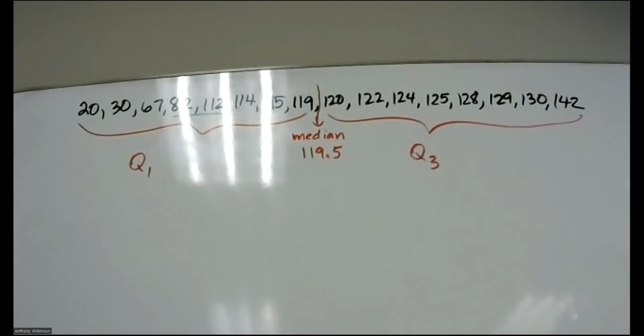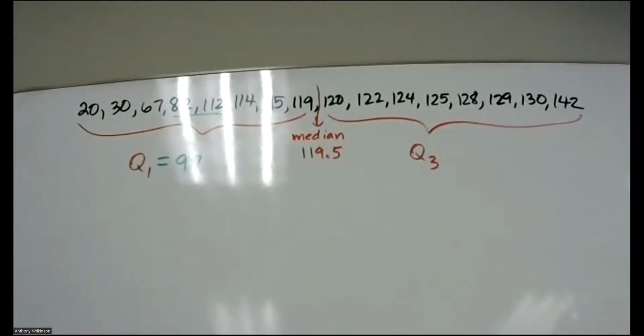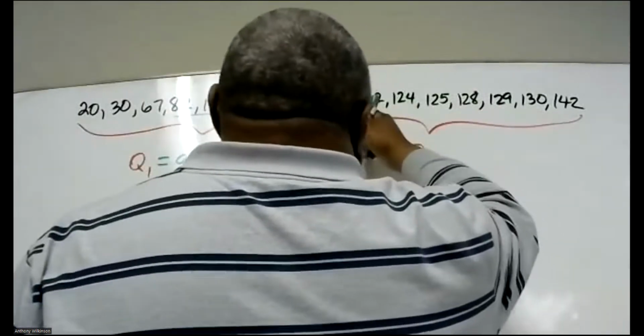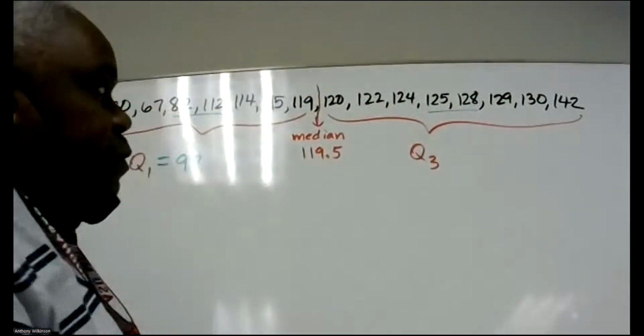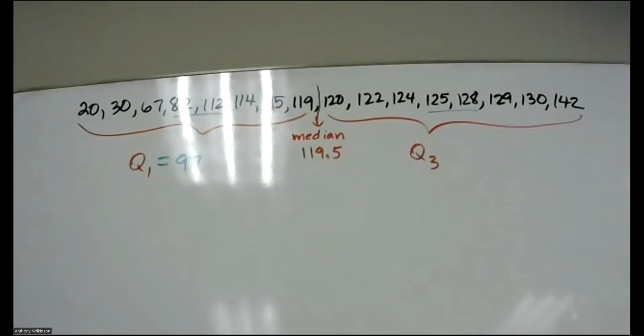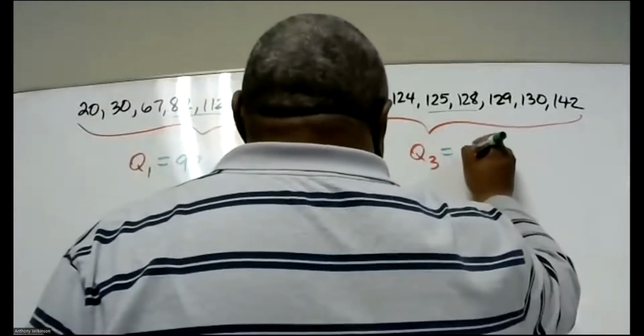So 82 plus 112 divided by 2, this will be 97. So that means Q1 has to be 97. And then for Q3, these top 8, these two are the middle numbers right there, 125 and 128. Take the average of those two. That's going to end up being 126.5.